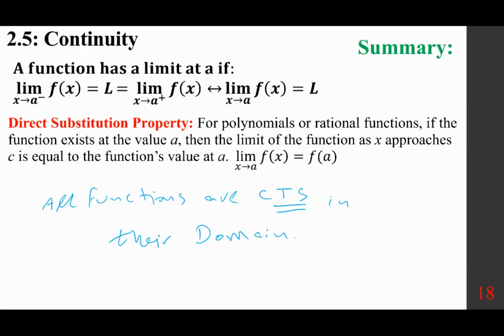Everything that we have studied. For example, even a rational function, you have to know what the domain is. The domain is all real numbers except what makes the denominator 0. So you can exclude that, and then it's continuous in its entire domain. I need a space.